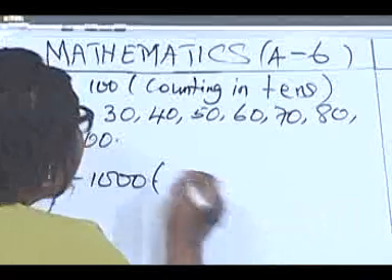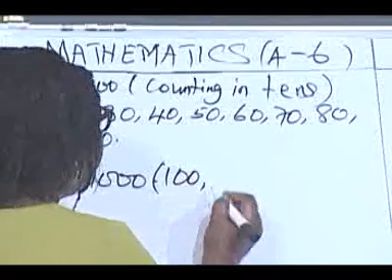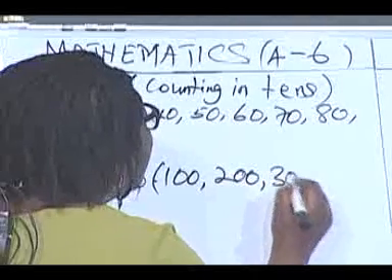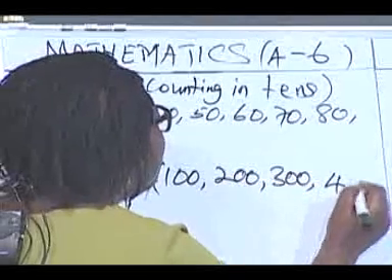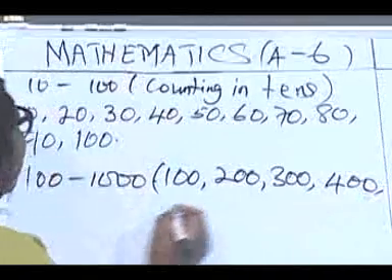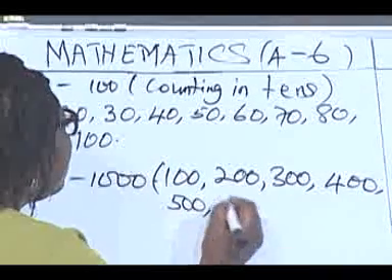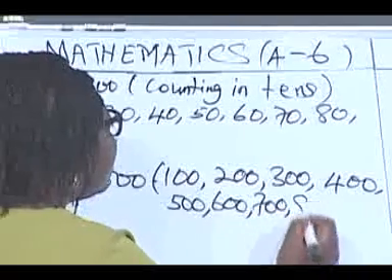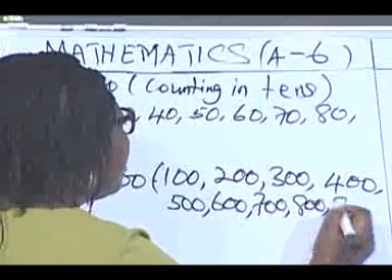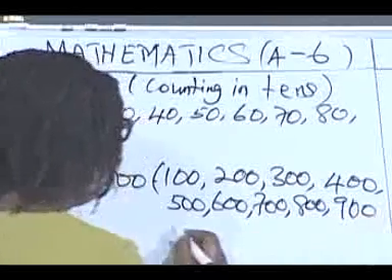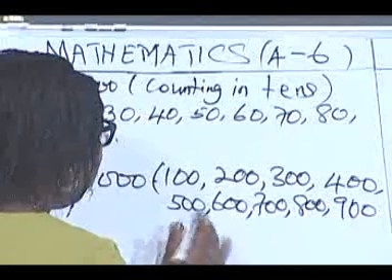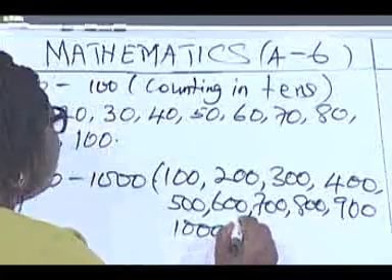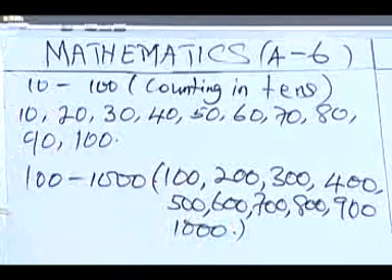Let's count together, starting from 100, 200, 300, 400, 500, 600, 700, 800, 900, and 1,000. Okay?